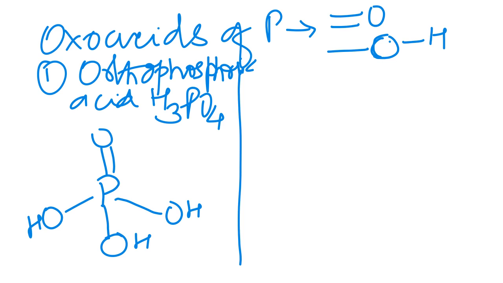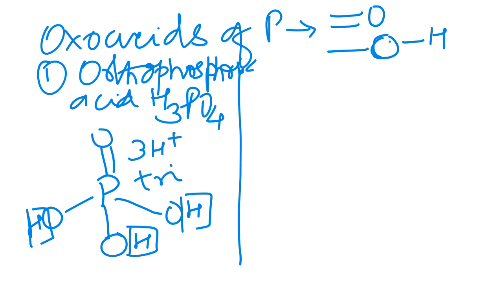So this is the structure of H3PO4. Then here one thing is very important, that it can release H as H plus. So how many H plus can it release? 3 H plus can be released. That's why it is known as tribasic acid. So that's all for orthophosphoric acid.